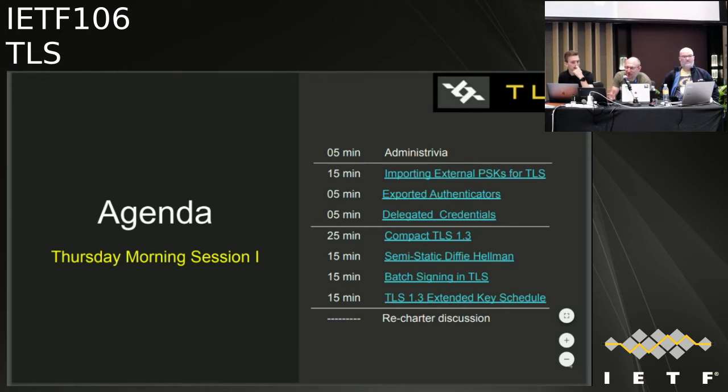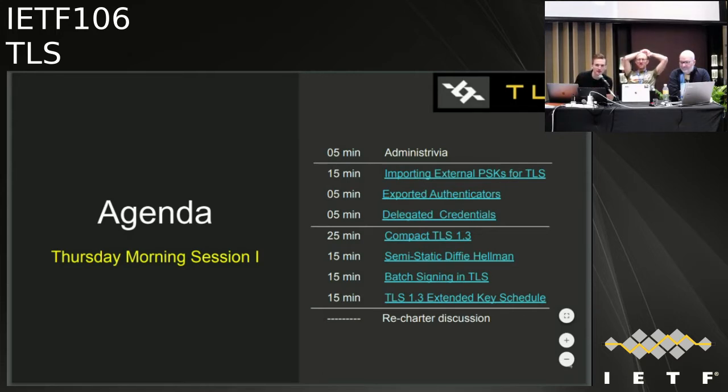Here's the agenda for today. Any additions or modifications to the agenda? Yes. With no hat on, semi-static goes nicely alongside compact TLS.